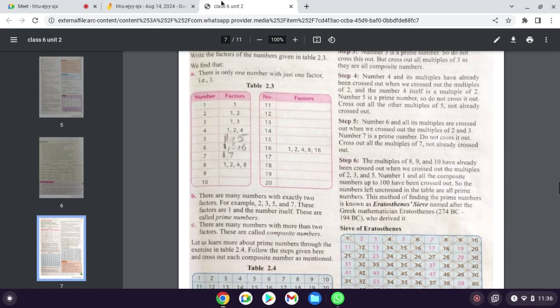And there are many numbers with more than two factors, like 4, 6, 8. The numbers that have only two factors, itself and 1, are known as prime numbers.